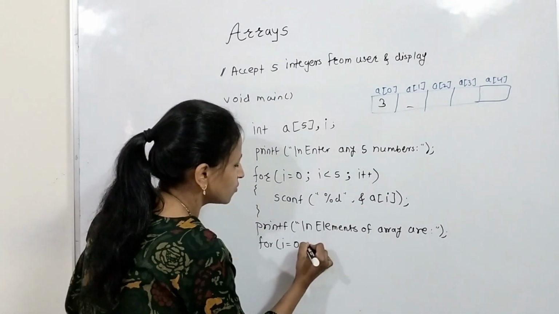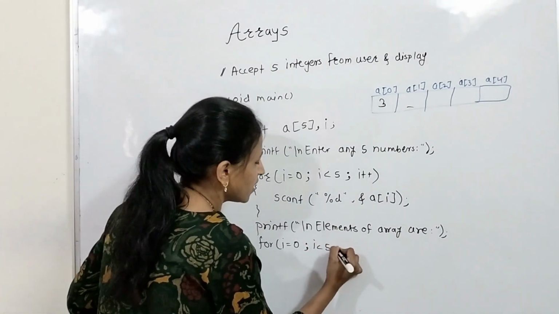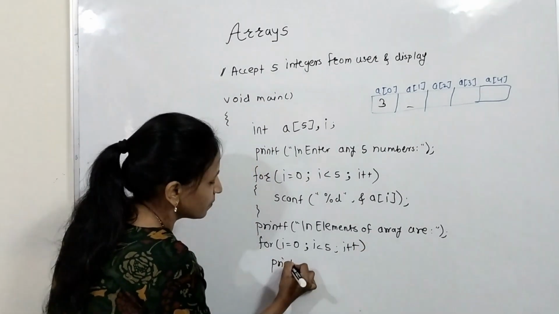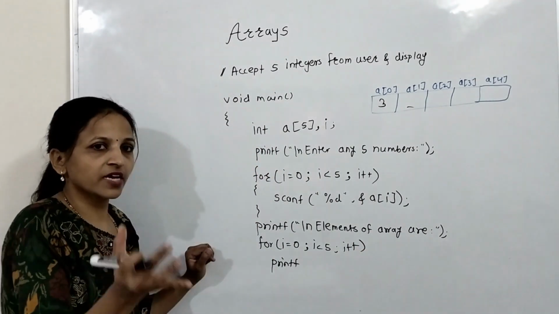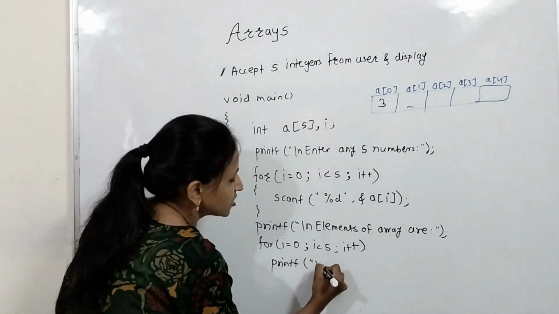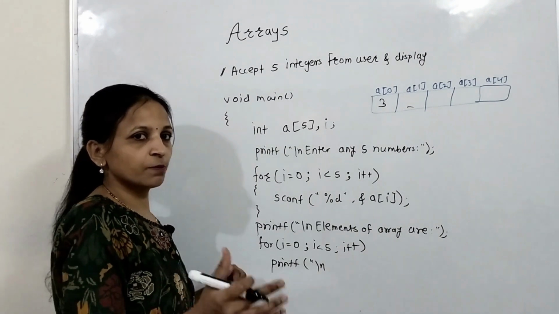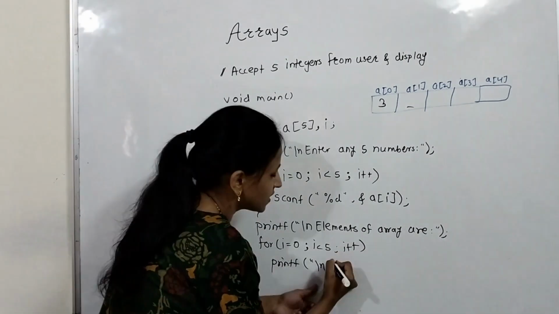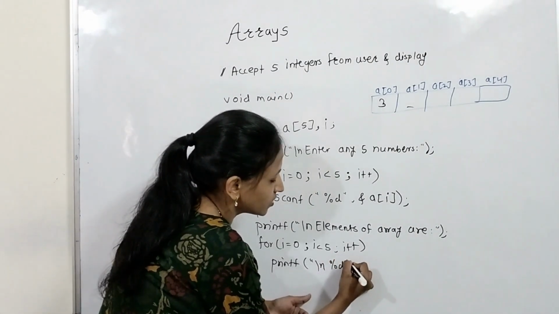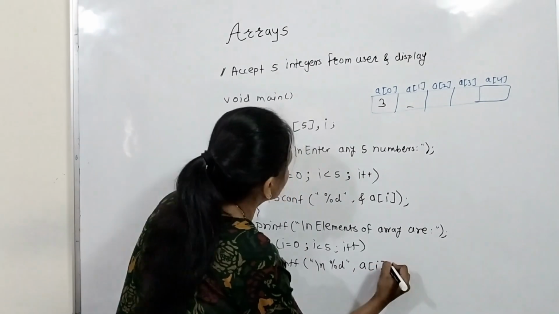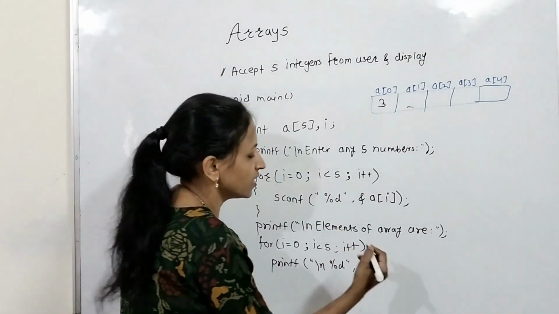Now i equals 0, i less than 5, i plus plus, again same, and here just a printf statement, because we are displaying whatever was accepted from user. Now printf, here \n I am giving, because every number being displayed should be on a new line. Then %d because it is integer, and then comma a of i. The array name is a, that's why I am using a here.